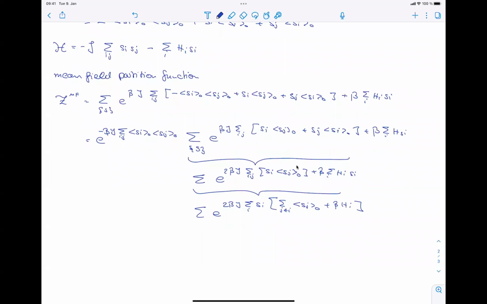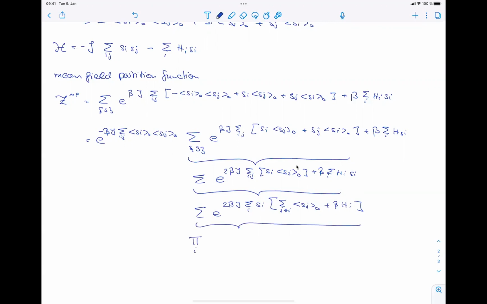And so this is now the form that we used to have before, right? So now we have here quantities such that I can sum over the different states, putting Si to +1 and -1. And that gives us the cosine hyperbolicus that we had lots of times before.